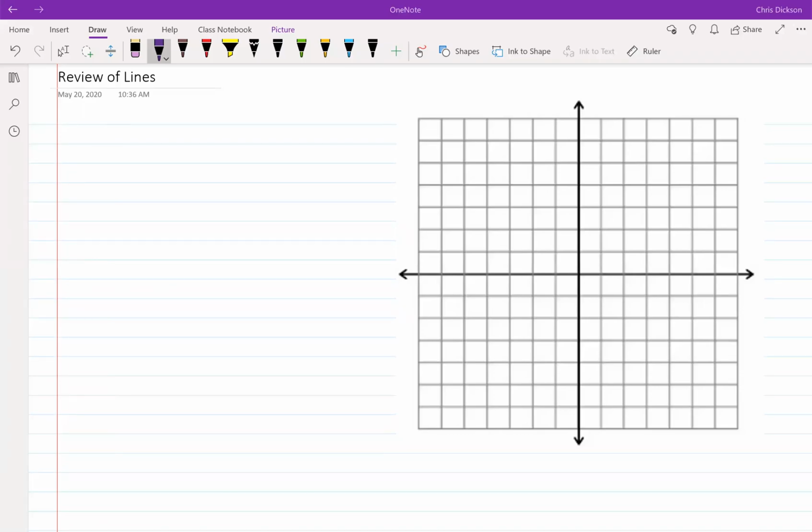There we go. Okay, so what we're going to look at is two different ways to draw a line. And so one would be if the equation is written maybe something like this. So there's one way of writing a linear function you should be familiar with.